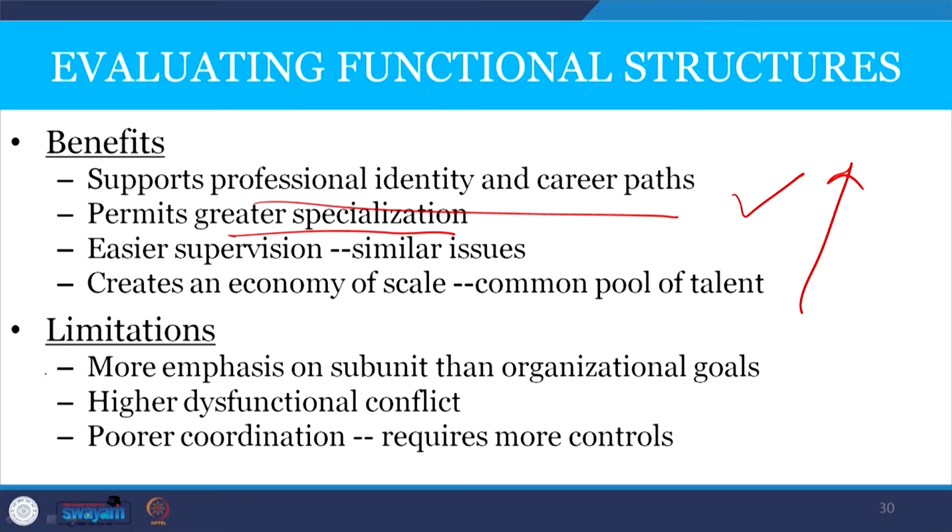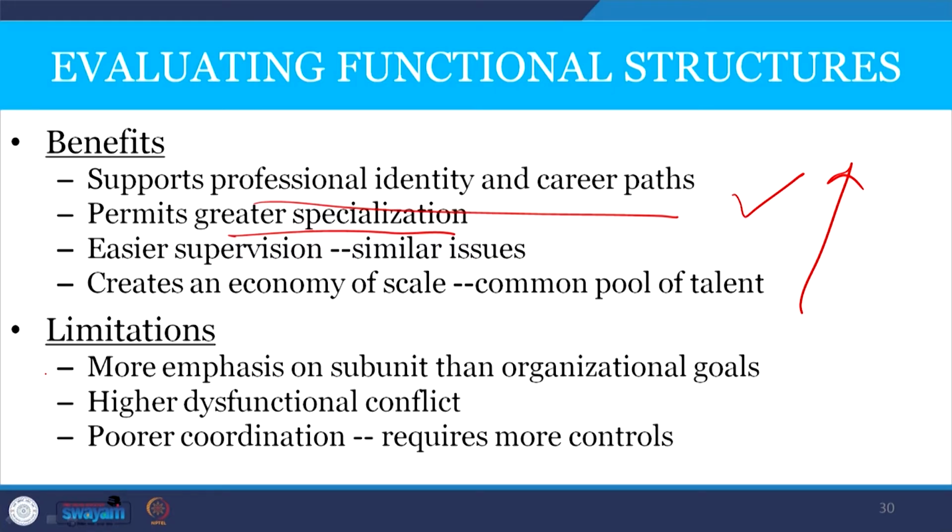The major limitation here is that emphasis is on the subunit goals rather than the greater organizational goals. Higher dysfunctional conflict. There would be a higher degree of dysfunctional conflict because everybody is working on tasks which are similar in nature, and their tasks are more interdependent on each other.